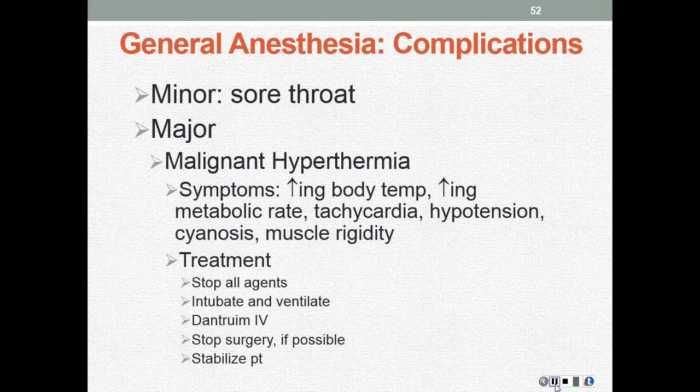Other complications that you may run into with general anesthesia is that we may overdose them on the medication. This is going to be more common in your elderly people. Remember, they can't handle meds like they used to. Your older people, your folks that have kidney and liver disease, they can't metabolize those drugs correctly, so they don't excrete those drugs.